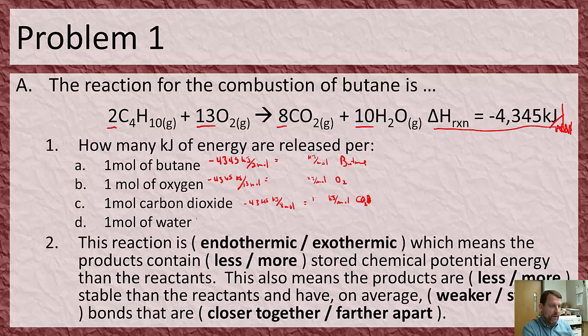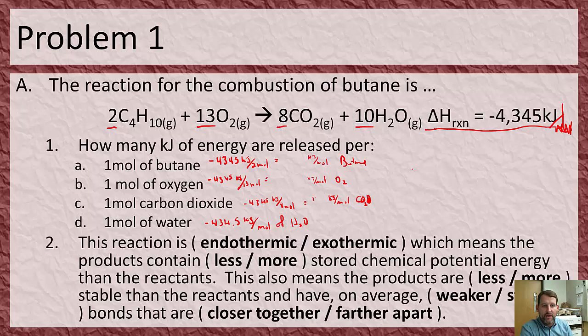And the same thing here with water. This one we can actually do, because it's divided by 10, so it looks like it's going to be negative 434.5 kilojoules per mole of H2O. So that's how you would take this delta H, this enthalpy of reaction, and break it into a molar enthalpy for each of the different products that are there.